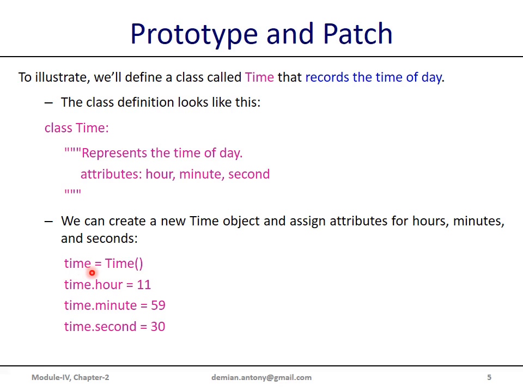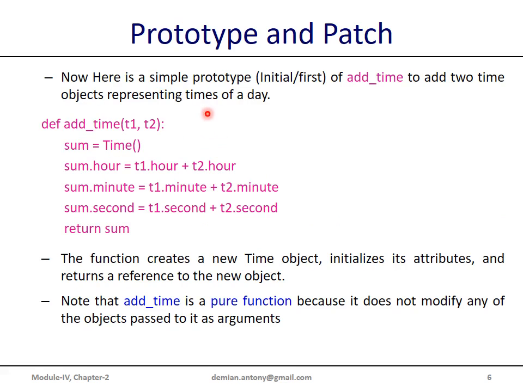Now let us create the time object, and then assign values to the attributes. We have created an object called time. Then we assign values 11, 59 and 30 for the hour, minute and second attributes respectively.